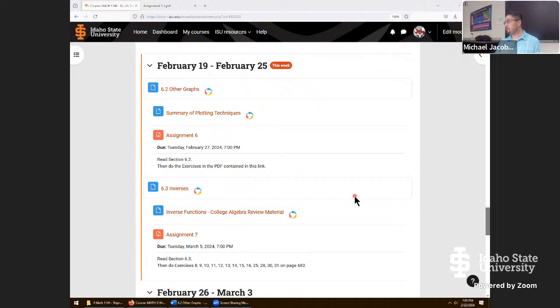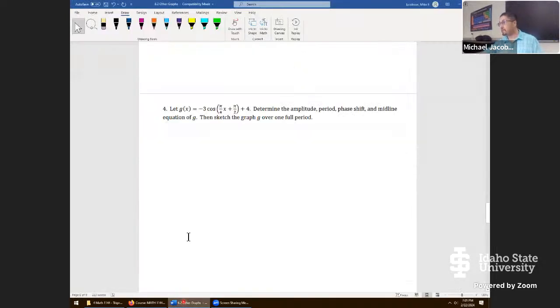Okay, well, let's start off with the question that was asked to begin the class. This one is from assignment number 5. We need to determine amplitude, period, phase shift, midline equation, and sketch the graph over one full period. To get us started on this one, no matter what you see here, just peel off that negative and you're all set.